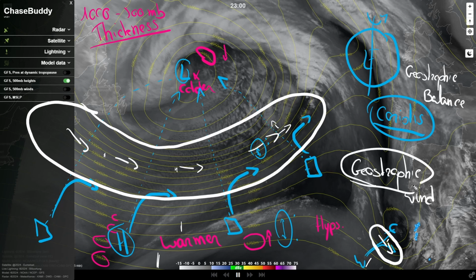Which is why it's called the geostrophic wind, because it's the wind created by the geostrophic balance, because the Coriolis force tries to deflect the wind going along a sloping 500 millibar line from high to low to the right, leading to the wind maximum here, which you can also identify by the thickness contours being closer together.